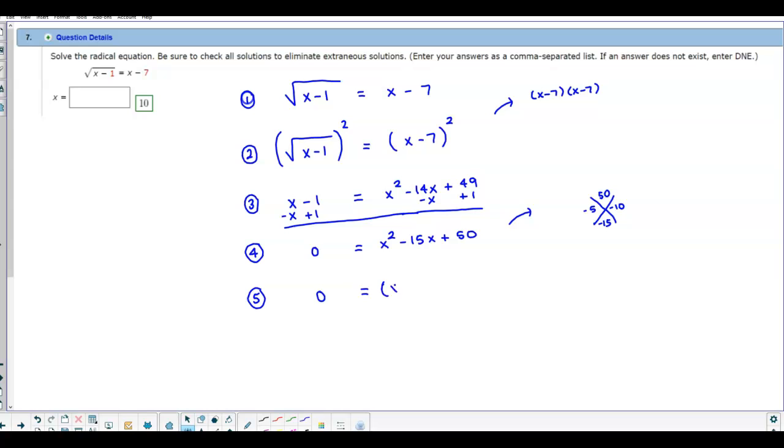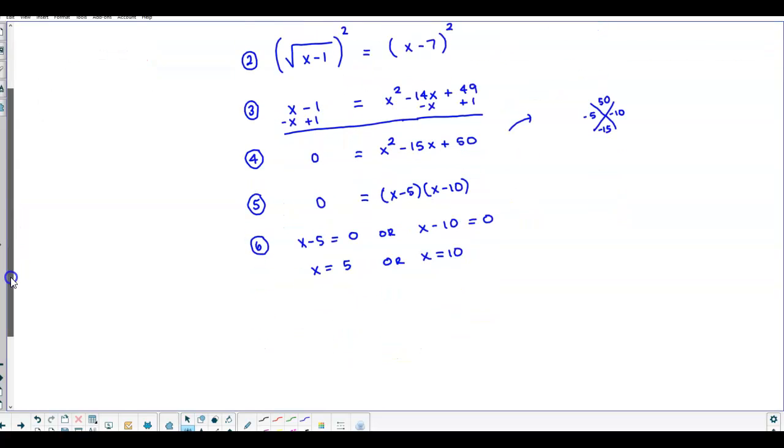So we're going to have x minus 5 times x minus 10, and that's equal to 0. So now we're going to set both of them equal to 0. We have x minus 5 equals 0, or x minus 10 equals 0. So x equals positive 5, or x equals 10.